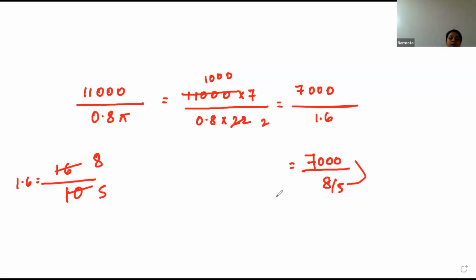Yeah, we will be getting 4375. That is the total number of revolutions.